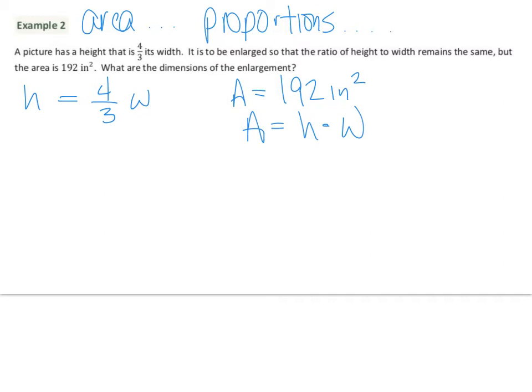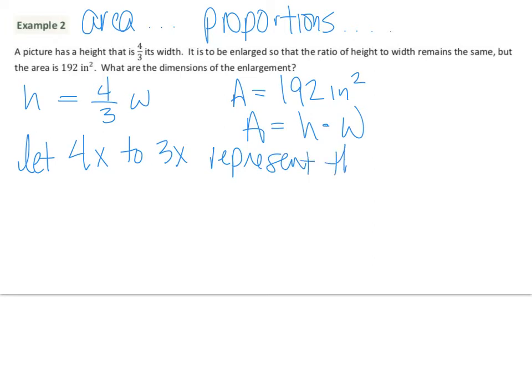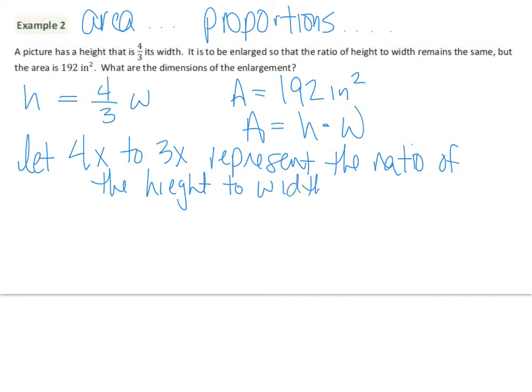So let's let 4x to 3x represent the ratio of the height to width. Cool. Now we can go ahead and use our equation.